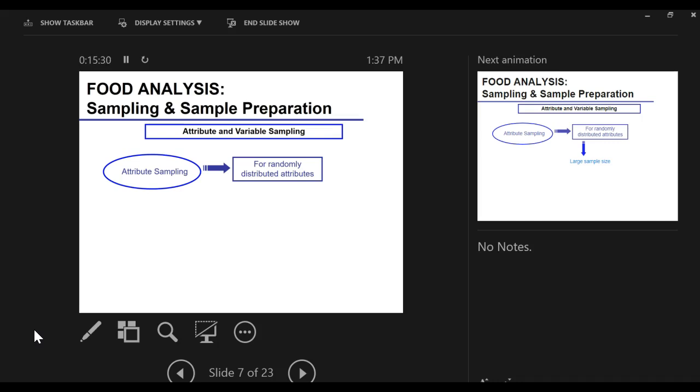So microbial contamination or fungal growth or mycotoxin might be located in certain parts of the food, not in all of it. So in this case you need to have a large sample size. That means you need to take a lot of different samples from the population to ensure that you screen all of the possible locations.